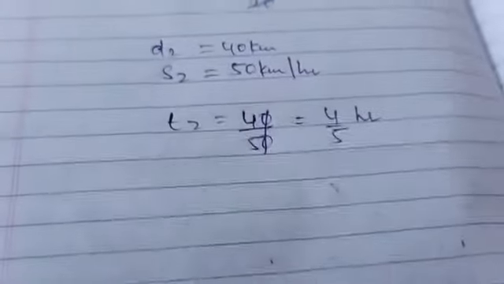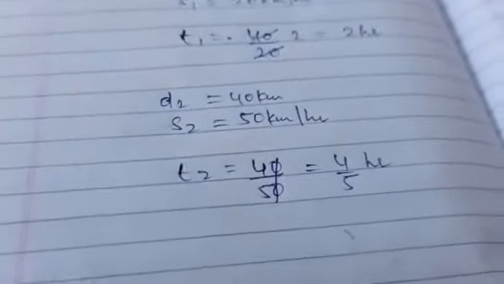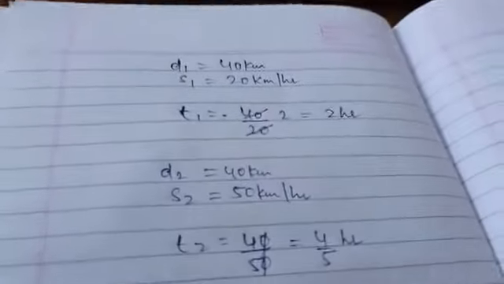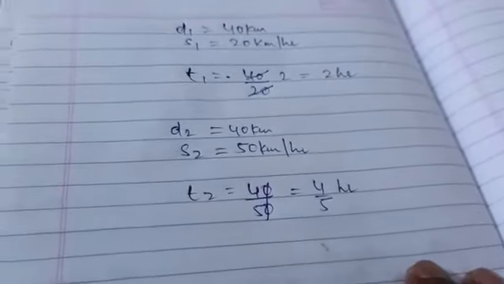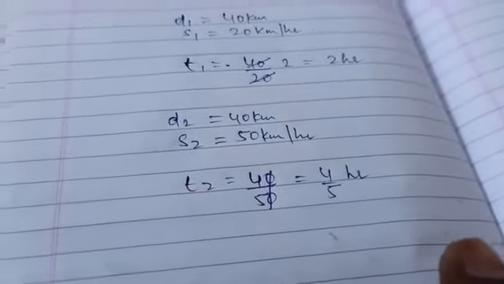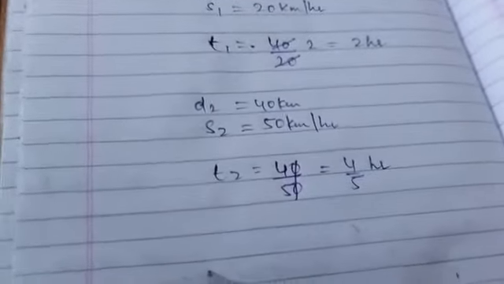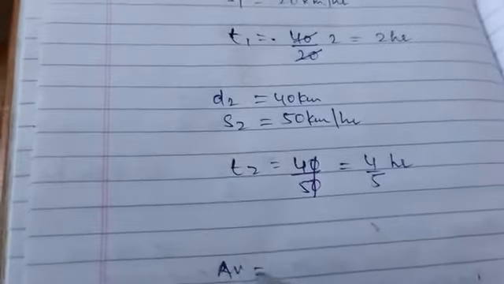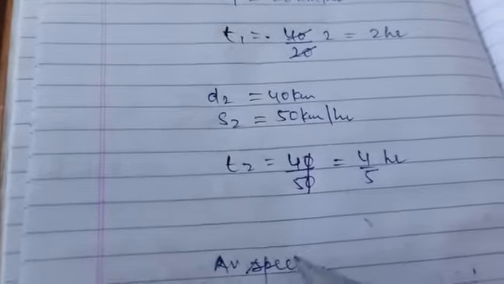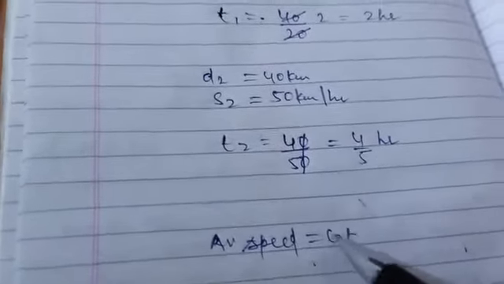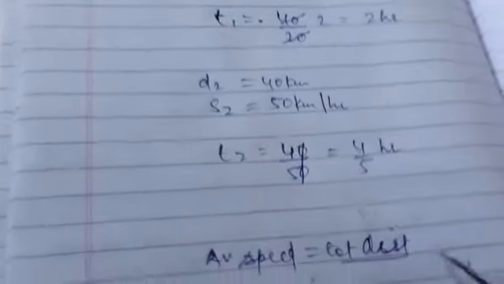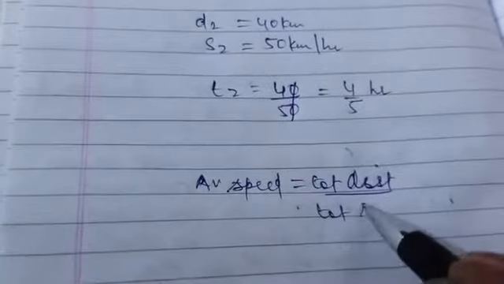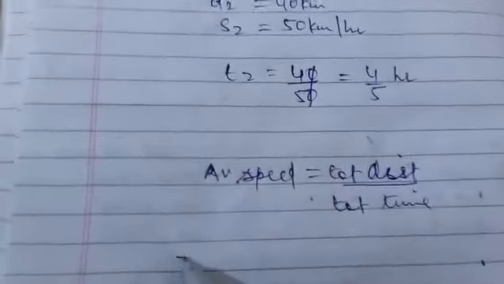Now we don't know the third. We have to calculate the speed in the third slot, the last 40 kilometers, and we don't know anything about it. We only know the distance, neither the time nor the speed. So we'll calculate the total time. We know that average speed equals total distance upon total time.